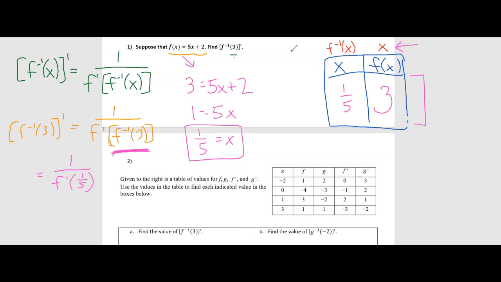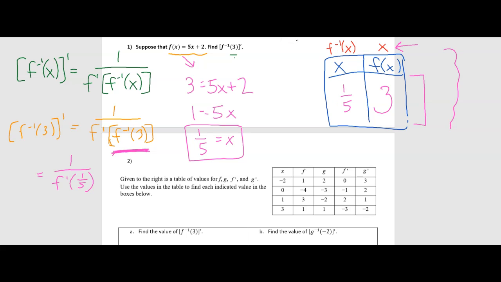That's the trickiest part of this process. That's usually where students tend to make the most mistakes. They forget how to find the values of the inverse function when they're just given the original. It's pretty straightforward if we understand the relationship between the domain and the range of f and f inverse. So now we just have to find f prime, and that's pretty straightforward.